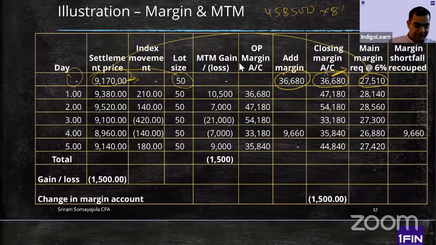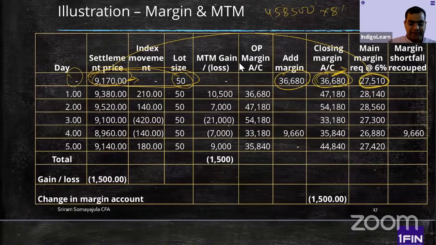So 9170 into 50 into 0.06, you'll basically get 27,510. So at all times, it should be 6% of the contract value. Contract value is whatever is the current price into the lot size. At all times, it can never go below this, but initially you are supposed to put in this 36,680.